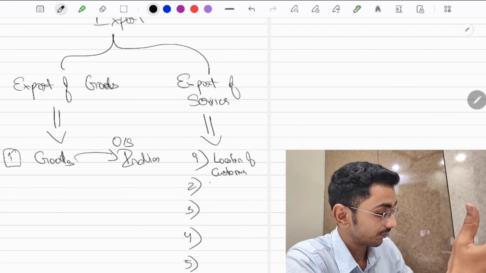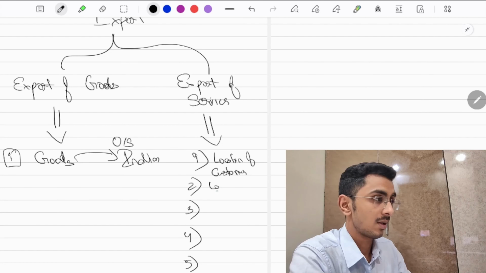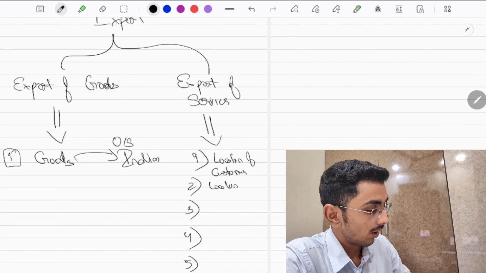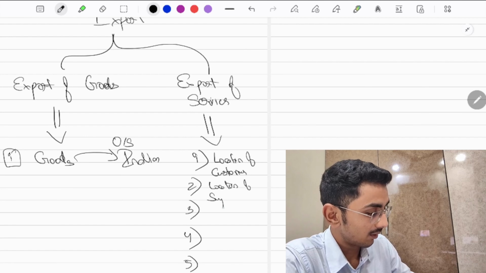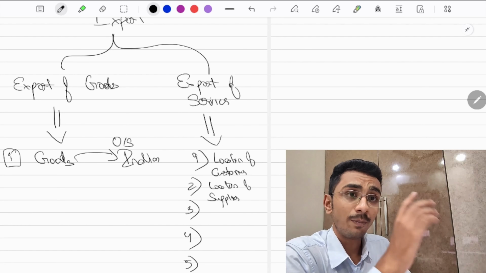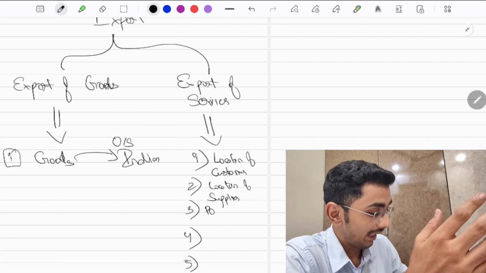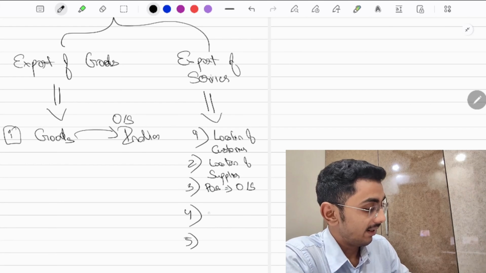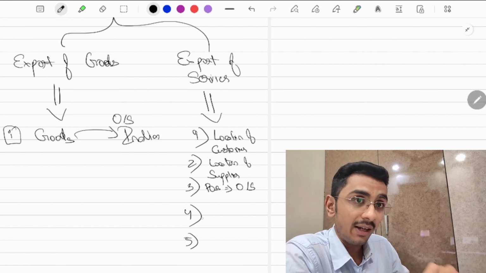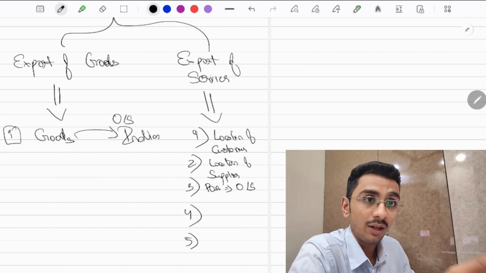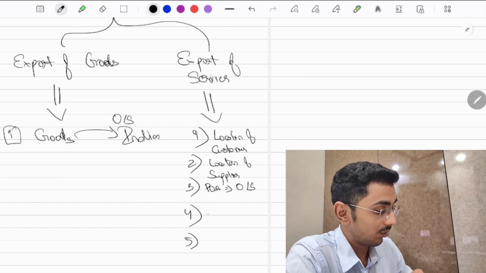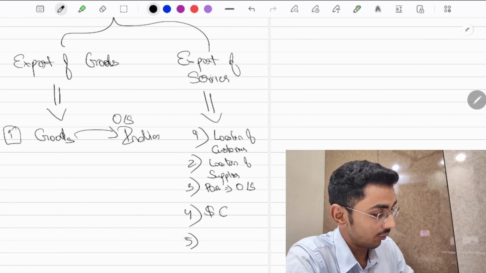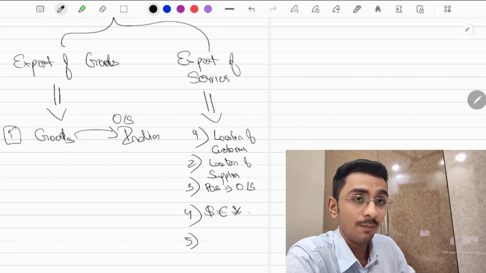Location of supplier should be within India, and place of supply should be outside India, and the consideration, that is the billing amount which you receive in your bank account, should be in dollar, it should be in euro, or it should be in yen, or it should be in pound.